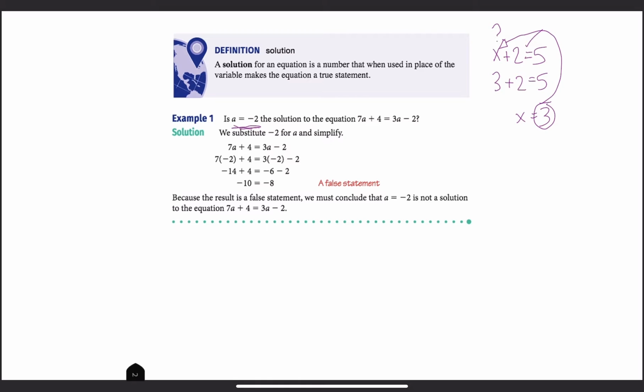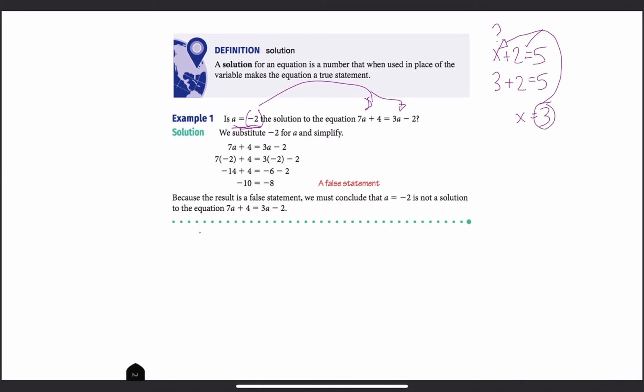And the way to find out is to take that value and substitute it in for any variables that we have that correspond to it. In this case, we have 2 different a's in 2 different locations in the equation. Each one has to get replaced at the same time by the proposed solution. So we'll see. Does it work out to be a true statement?